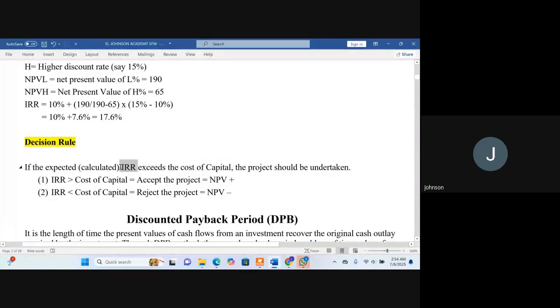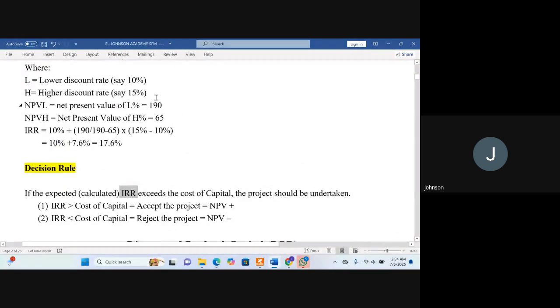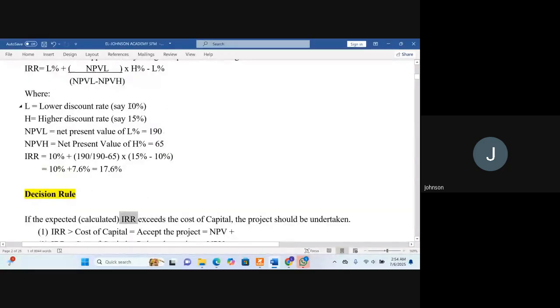If the IRR you got is higher than the cost of capital options that they gave you, for instance, in this question, we assume the lower rate cost of capital is 10%, then the higher rate cost of capital is 15%. So any of them that you use for this project, you are going to make profit, because the maximum cost of capital that you're going to take for the project is 17.6%.